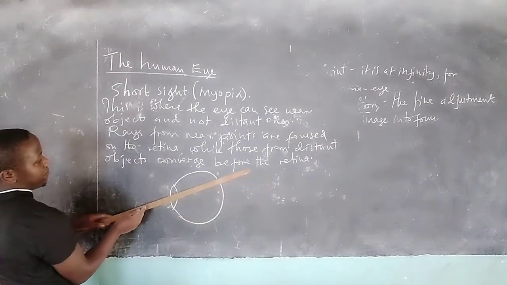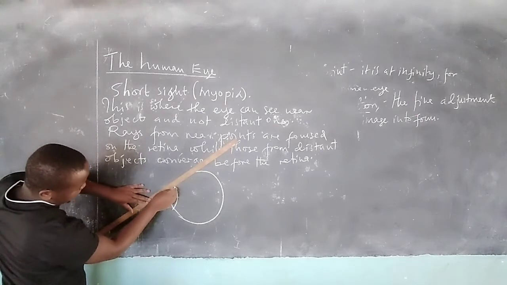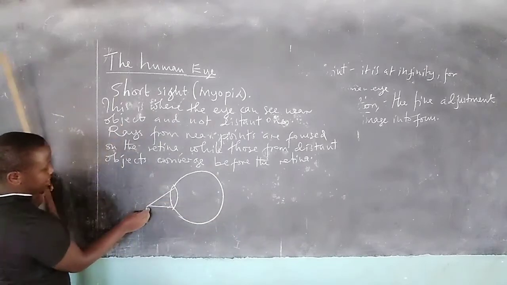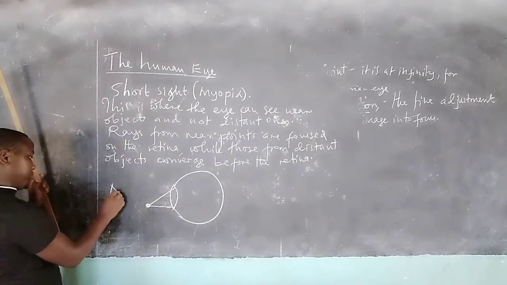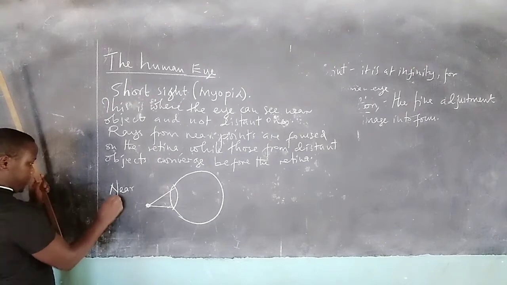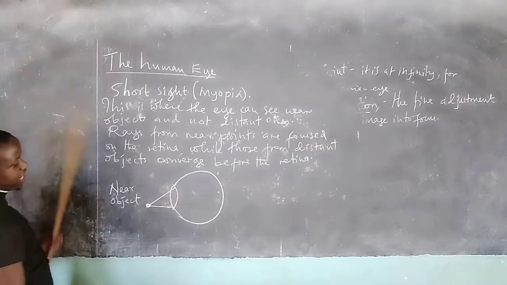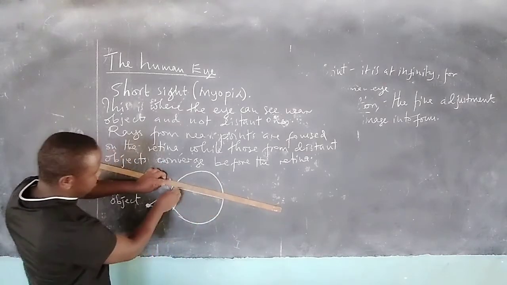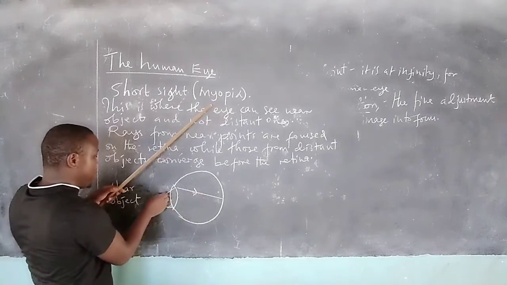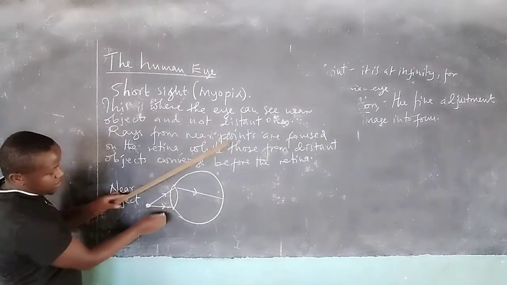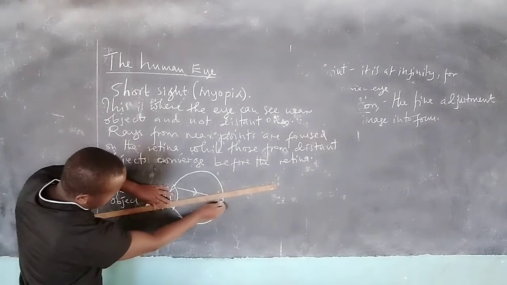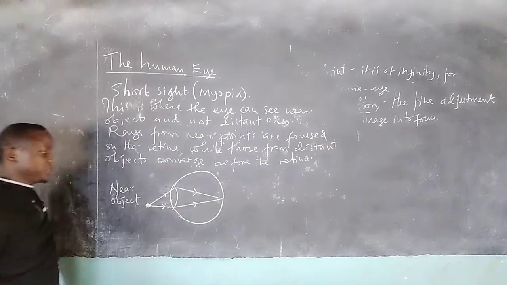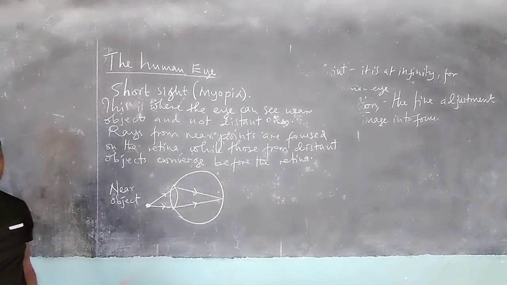Rays which are from a near object converge at the retina when they reach the lens, and a clear image of that object is observed. So we see an image here at the retina.